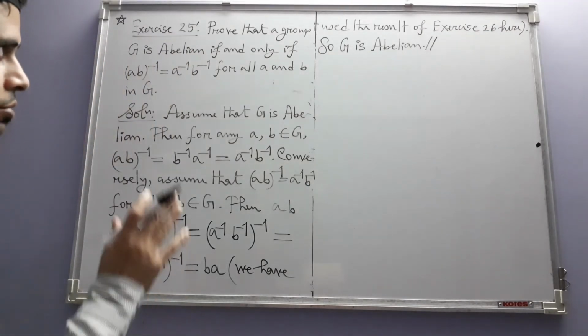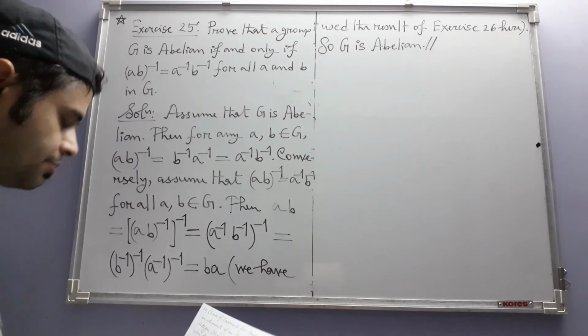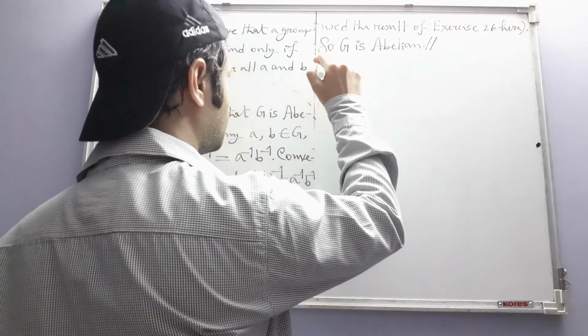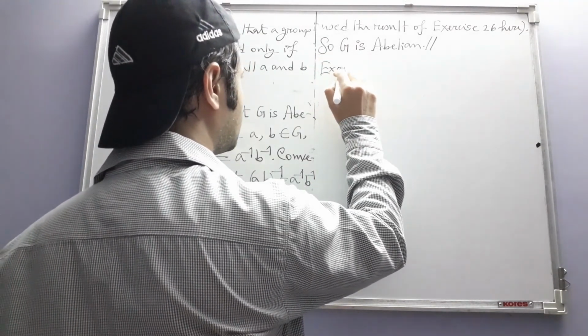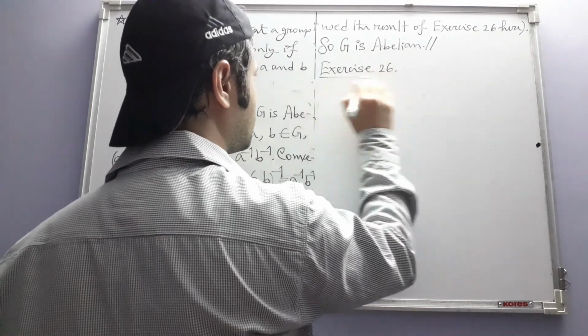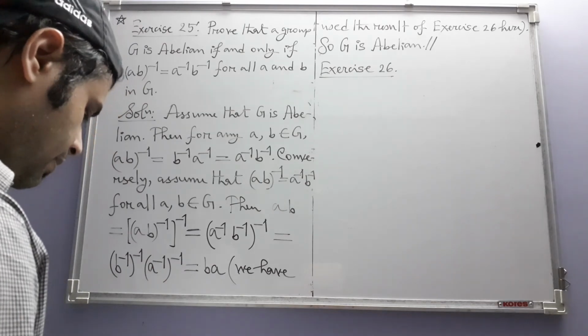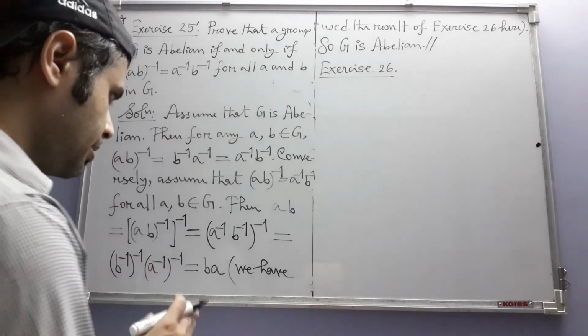Since we have used exercise 26, let's just solve that also. So we do one more. Here we don't have any abelian group. In a general group, that thing is true.